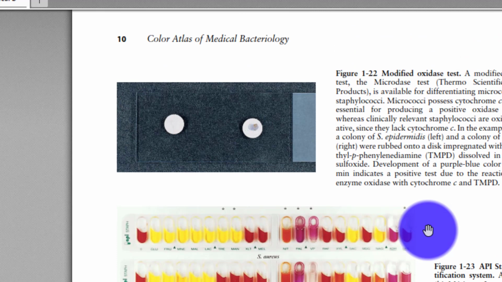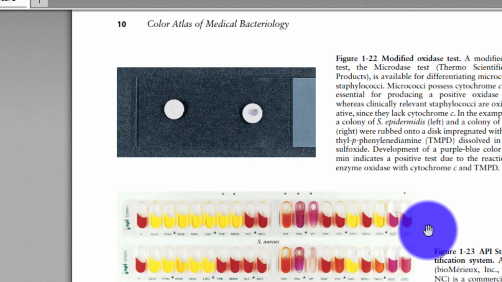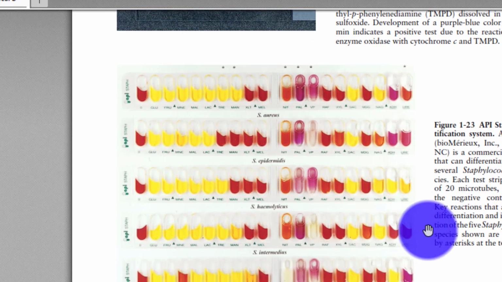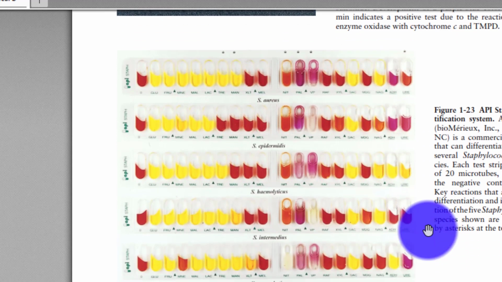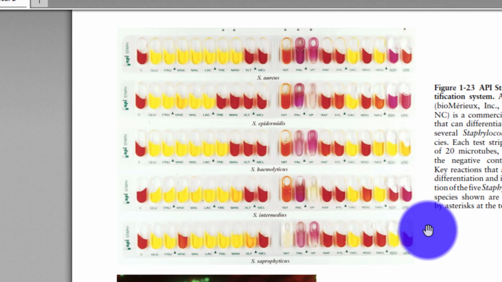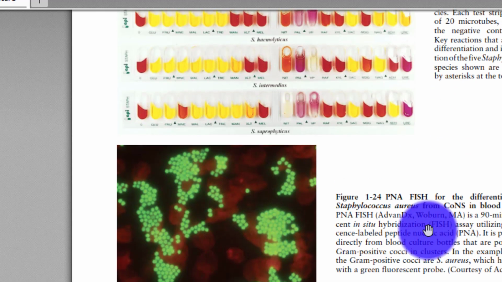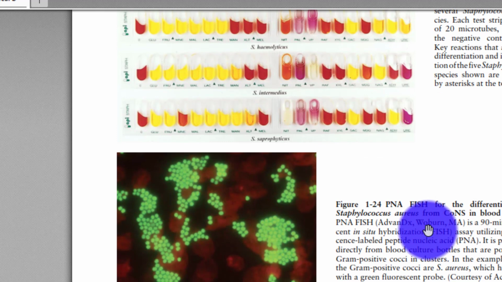Here the modified oxidase test, the Microdase test from Thermo Scientific. Also find a Staph identification system. Durham tube commercial system can differentiate among several Staphylococcus species. FISH for the differentiation of Staphylococcus aureus from other staphylococci in blood culture.